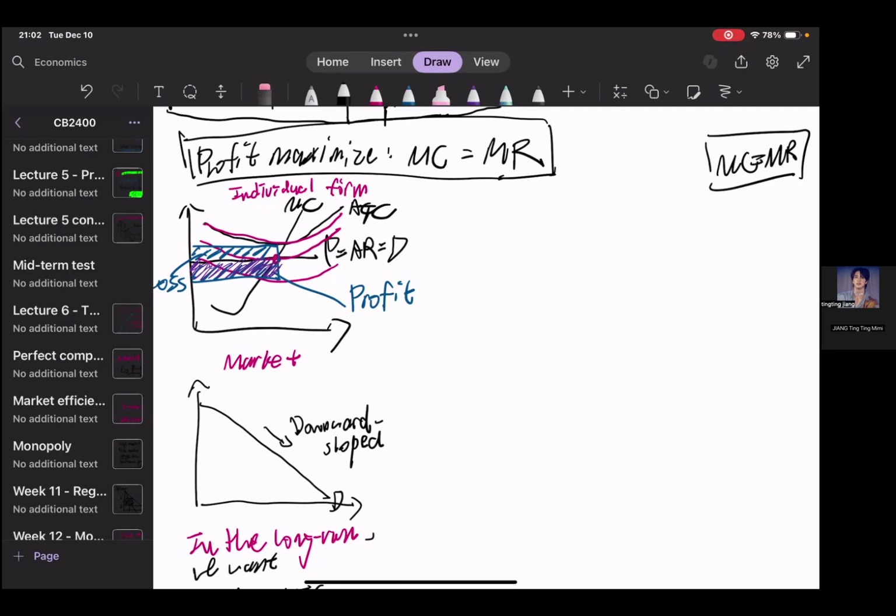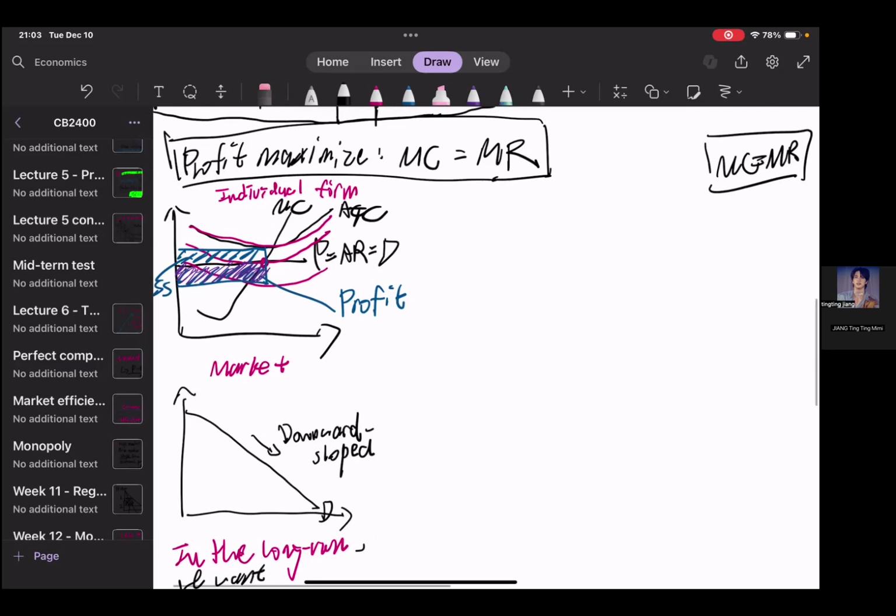If average total cost is higher than the price, in which case the firm is making a loss, then there will be firms leaving the market because they are not producing profits or not even having a break-even point.